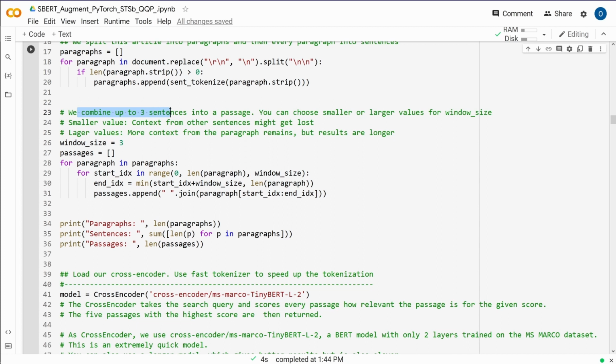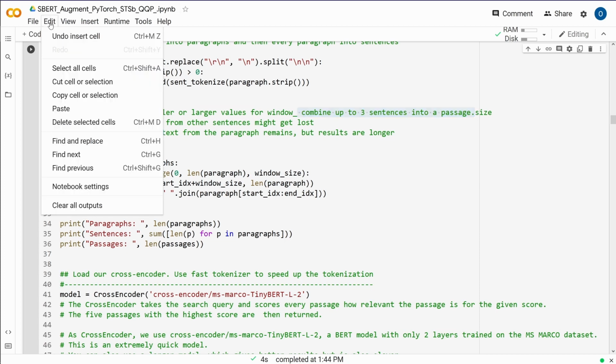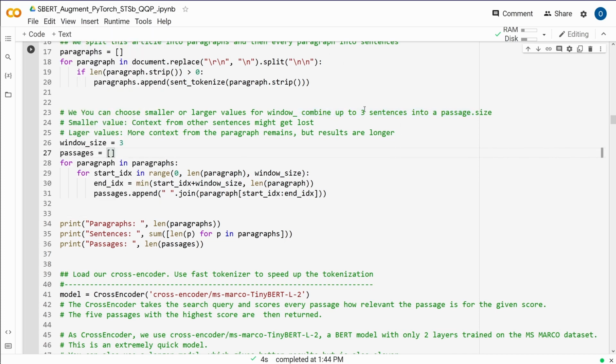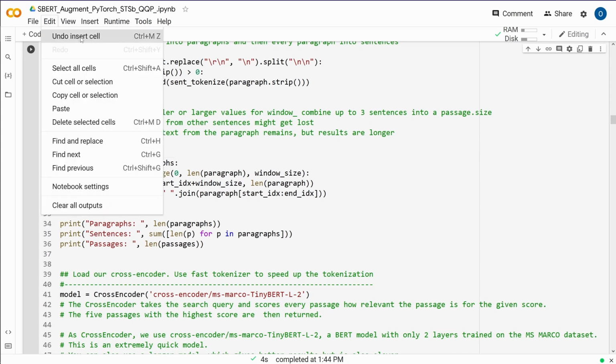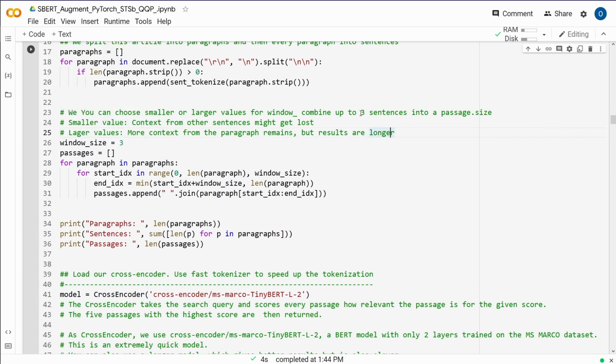Then we combine, for example, 3 sentences into what's called a passage. You can choose more than 3 sentences, less than 3 sentences, whatever. No problem at all. The smaller the value you choose, the context from the other sentences might get lost.